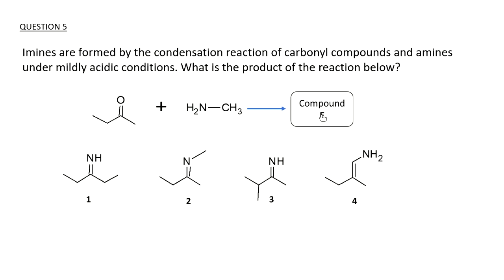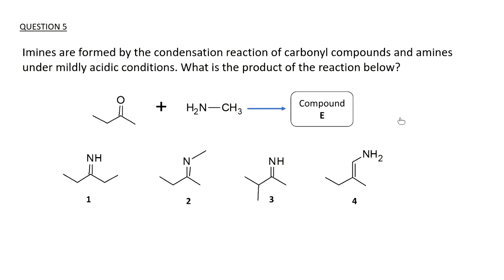Question 5, you're told that imines are formed by the condensation reactions of carbonyl compounds, and that this normally happens under mild acidic conditions. So you're given a ketone, and you're given a primary amine, methylamine, and you're asked to determine what the compound E is going to be.